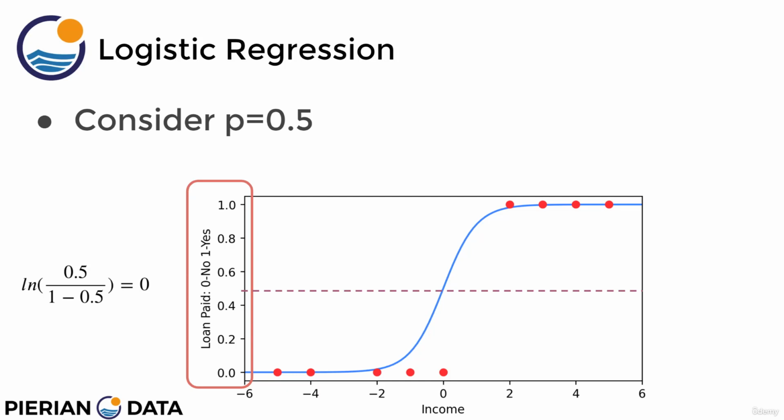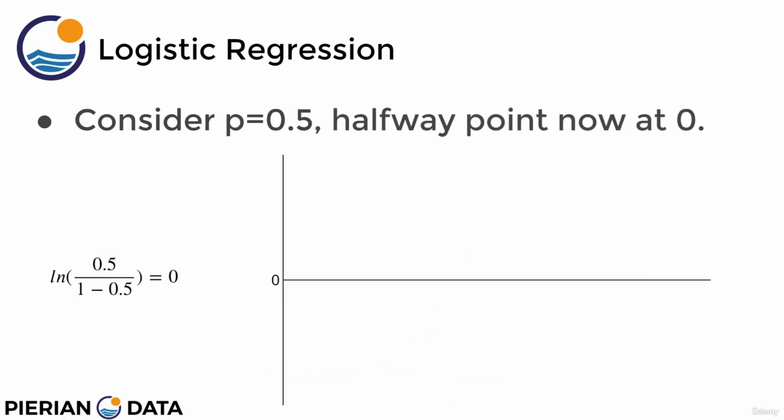Recall that we already discovered this: it's 0.5 to 1 minus 0.5, which is the same as 1 over 1, or log of 1 over 1, which is equal to 0. You can get out a calculator and plug these numbers in for yourselves, but you'll realize that the natural log of 1 is equal to 0. So if we consider p equal to 0.5, our halfway point in terms of log odds is now equal to 0.